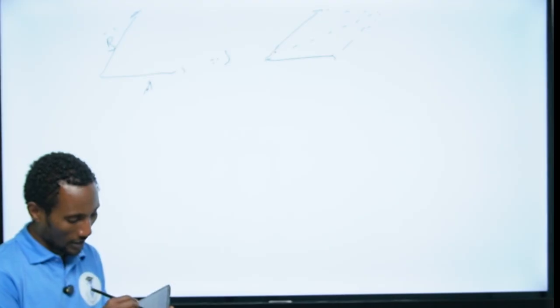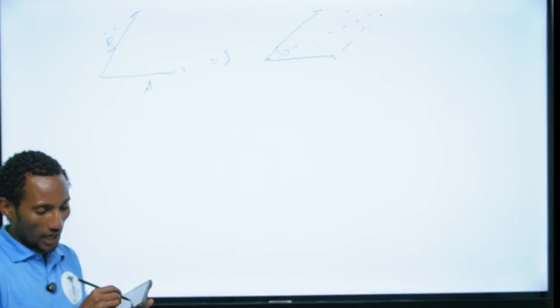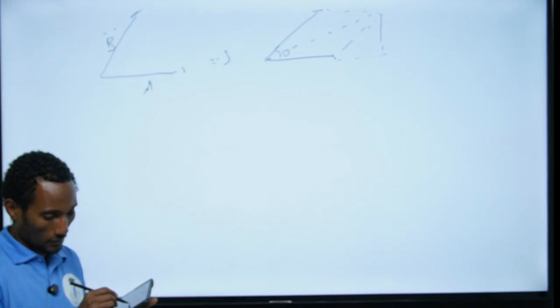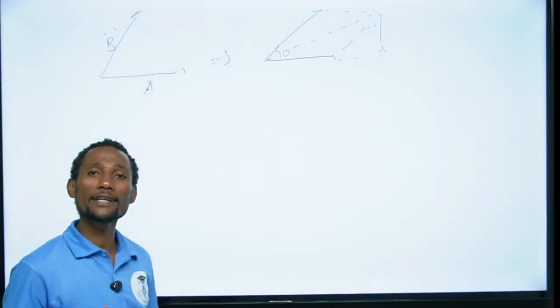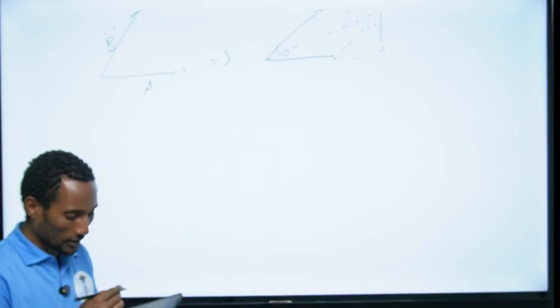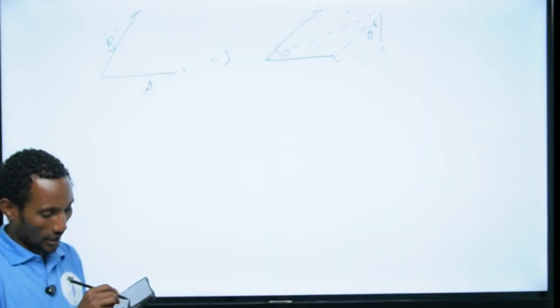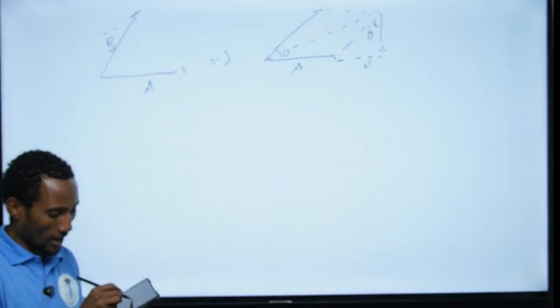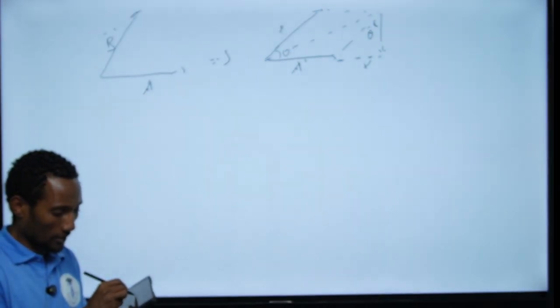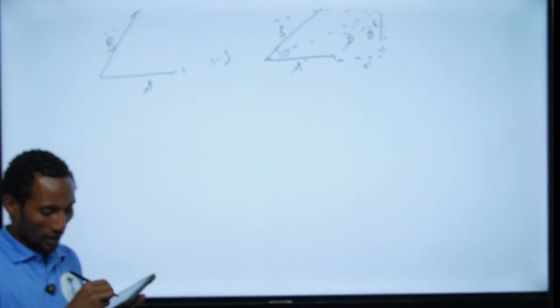So the angle made here is theta, and by the alternate angle theorem, this has the same angle theta. Let's assume the additional side length is x, having a and then b here.